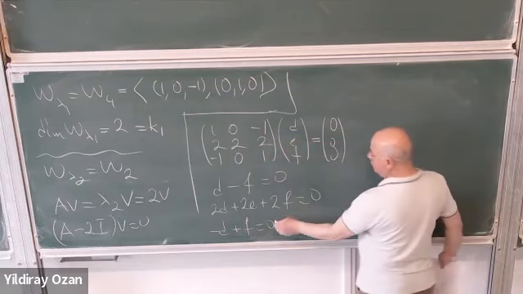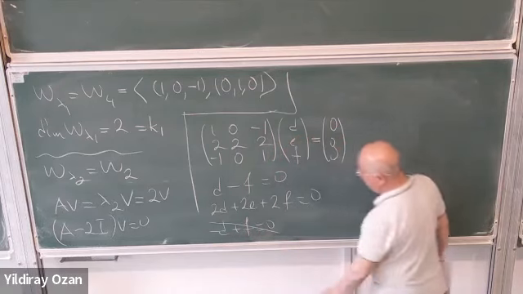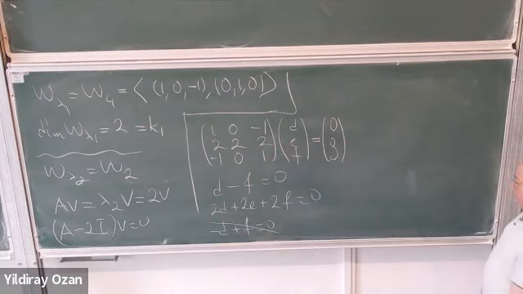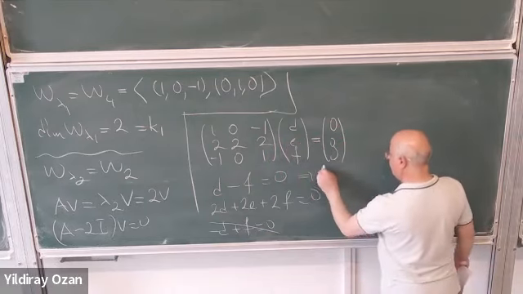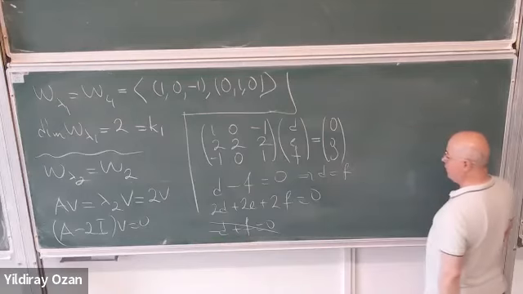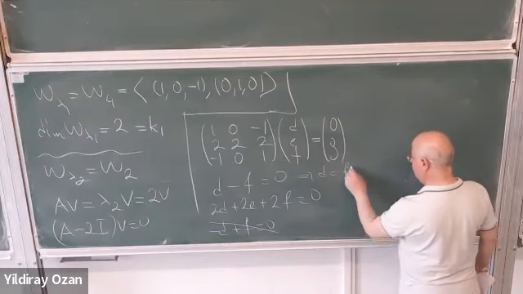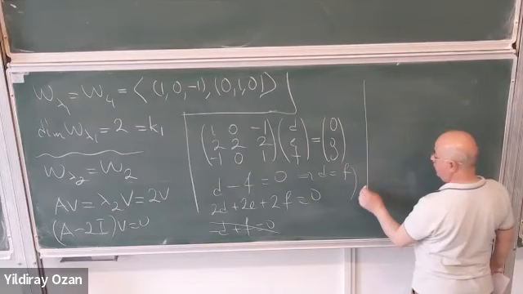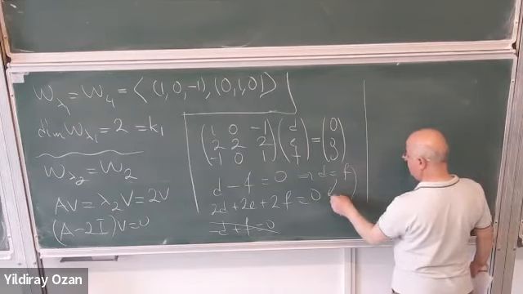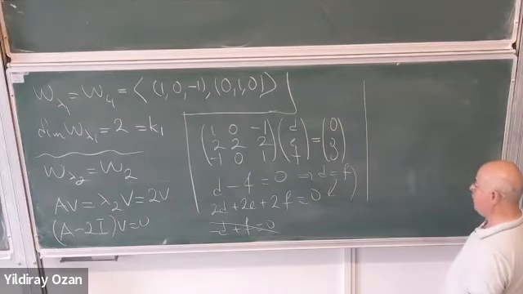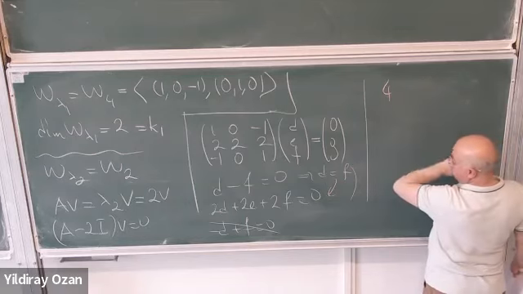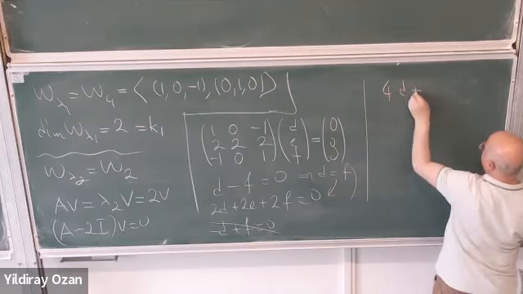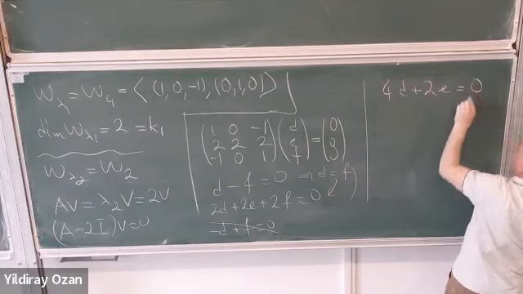The first and the third equations are almost the same. I can just cancel this out. From this, we get D equals F. And if I plug this into this equation, D and F are the same, so we get 4D plus 2E equals 0.